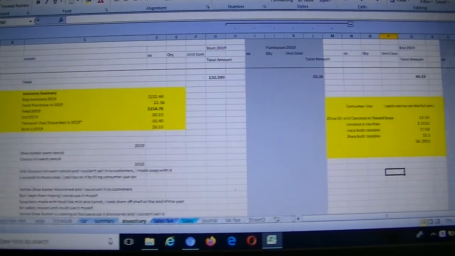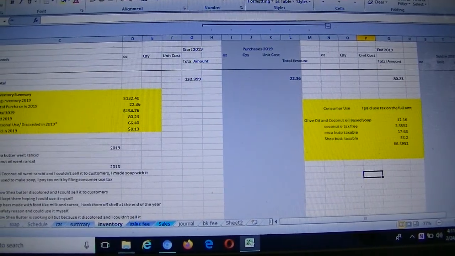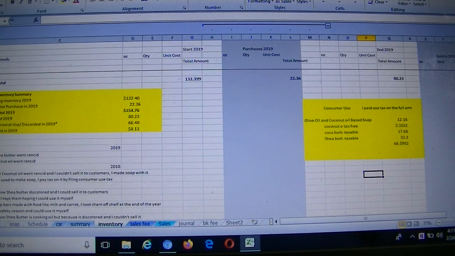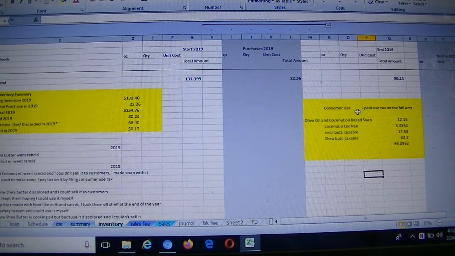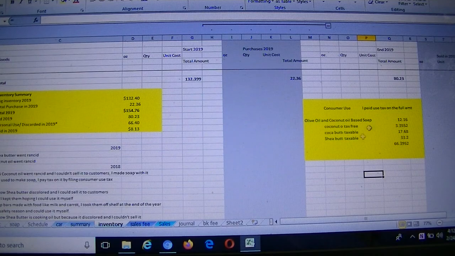doing that, because when you purchase products online, you didn't pay tax on it. Depending on the state I live in, you had to pay consumer use tax on that at the end of the year. And for some of the product that I took out of inventory that I used, I had to pay tax on the cost of the raw material. So that's the amount that I took out of inventory, and I'll calculate the tax on it.